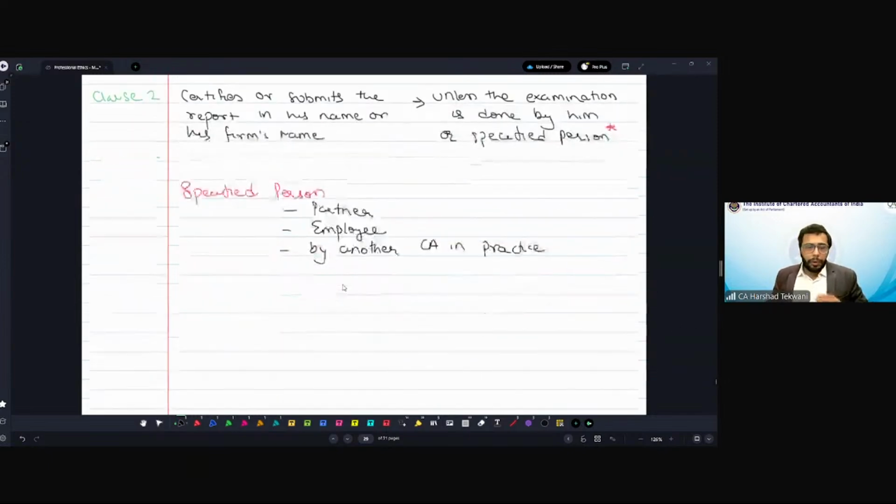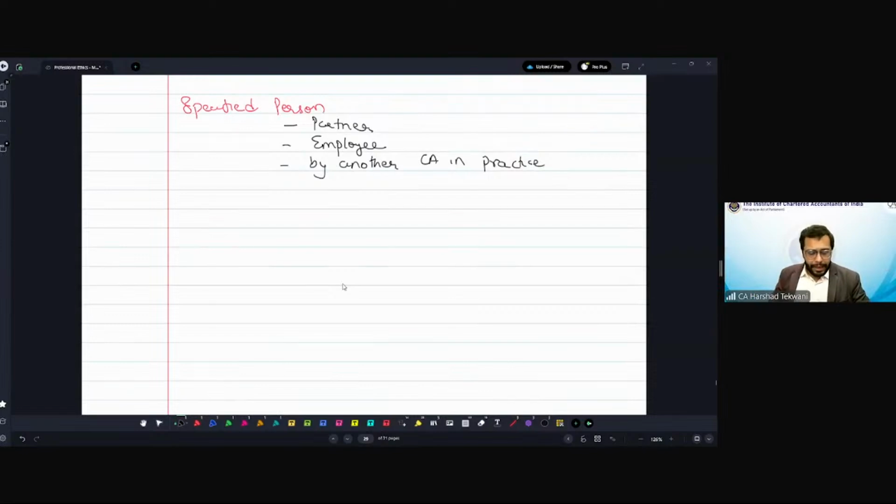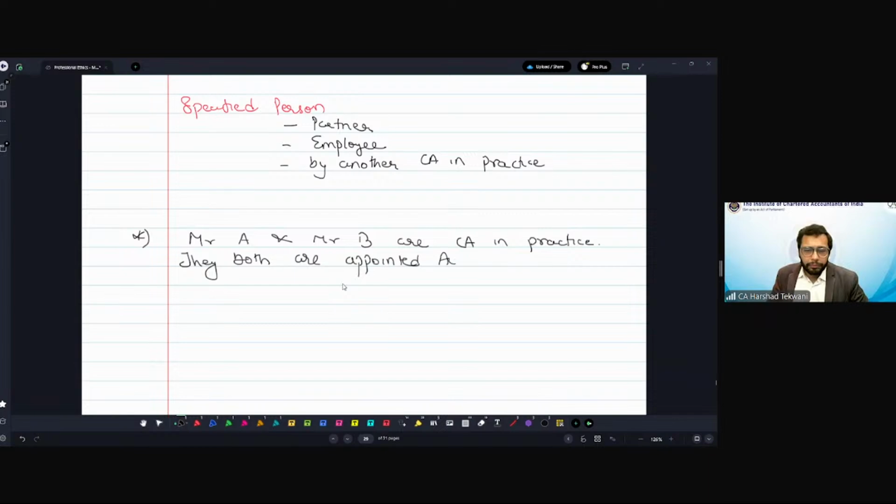Now, I will just give an example and we'll discuss further on this one. Let's say Mr. A and Mr. B are CAs in practice. They both are appointed auditors of XYZ Limited.